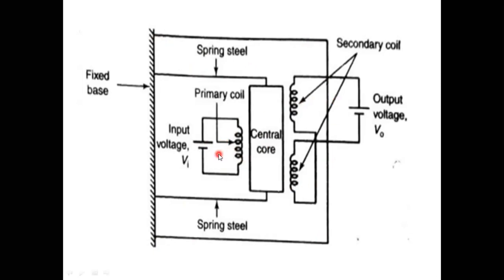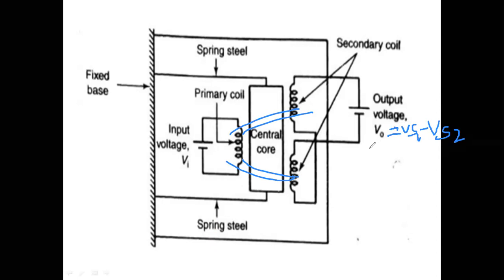The primary and secondary coils are placed in the housing, and the core is suspended such that the core is at the center of the LVDT. Therefore, due to flux linkage, I get the same secondary voltages, and the output equals Vs1 minus Vs2.